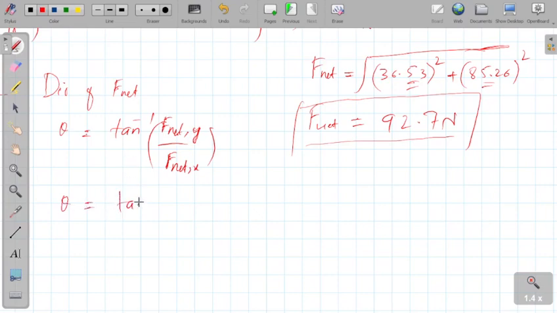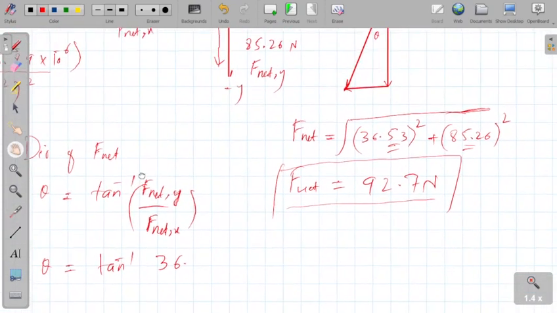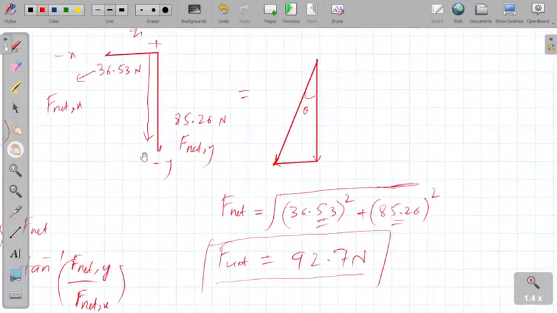So tan inverse, if you do 36 point, okay, I have made a mistake slightly. Sorry, what was the net force I have denoted here?